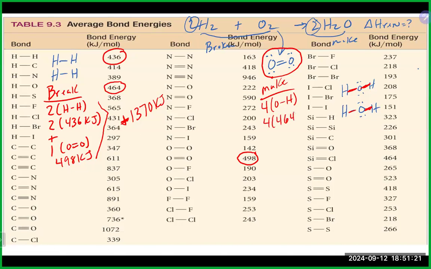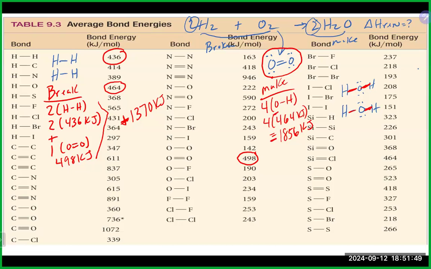So I'm going to take 4 times 464, which gives me 1,856 kilojoules of energy. When I make bonds, is it endothermic or exothermic? It's exothermic, and exothermic values should be negative. So technically this should be a negative value.